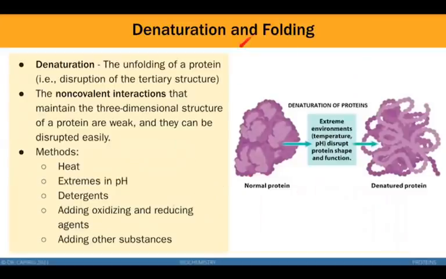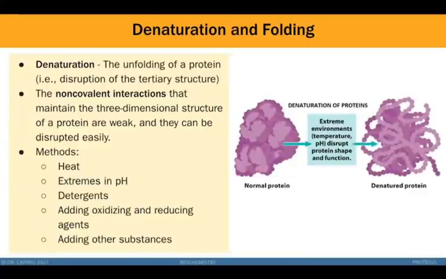We have the terms denaturation and folding. Denaturation is the unfolding of protein, that is, the disruption of the tertiary structure. In denaturation, the weak non-covalent interactions that maintain the three-dimensional structure of a protein are the ones that are disrupted.